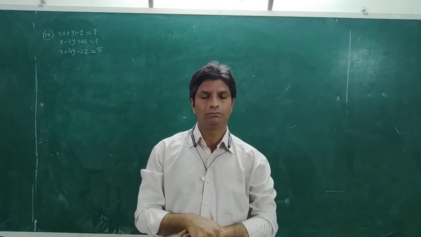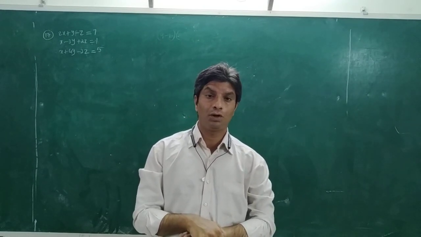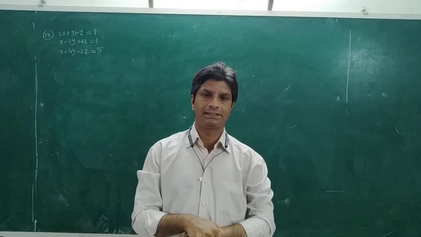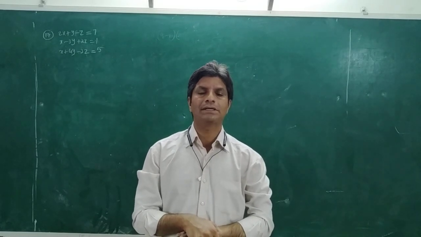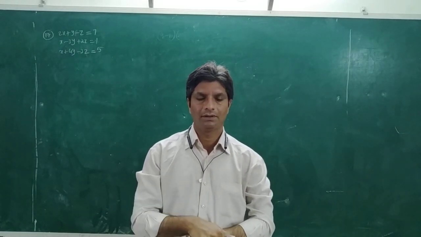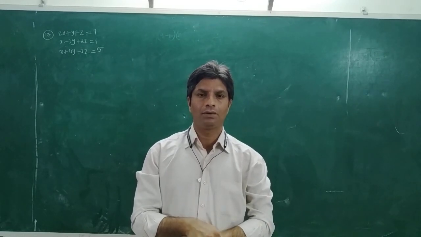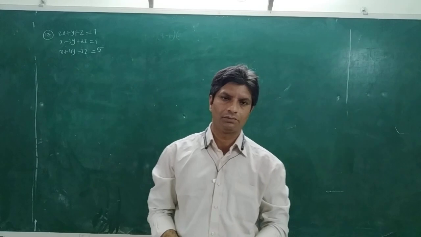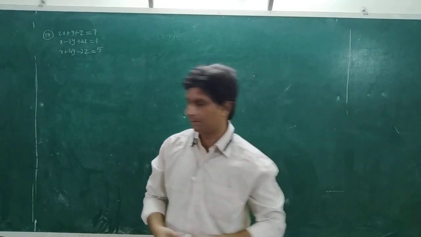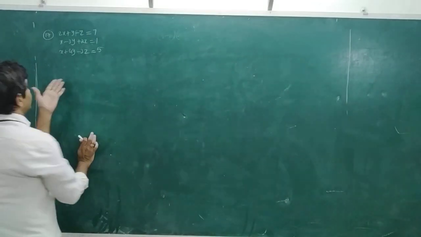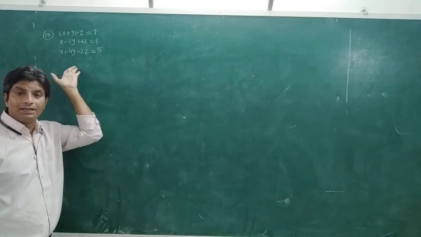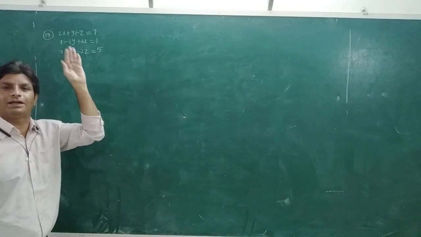If a1/a2 not equal to b1/b2, then the system has a unique solution, the consistent case. If a1/a2 is equal to b1/b2 is equal to c1/c2, then it has infinite solutions. But here in this problem, three equations are given in terms of three variables.